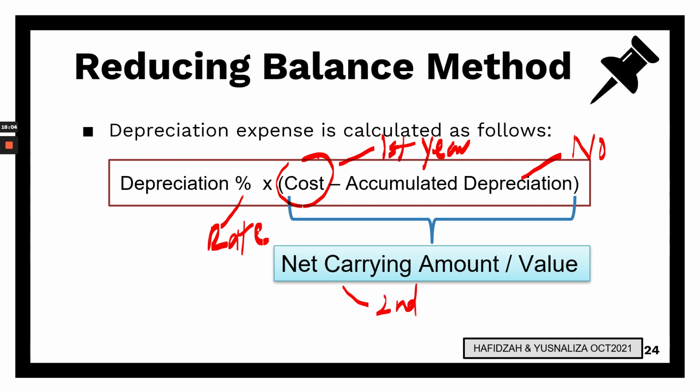Let's say for 10 years, from the second year, third year, until year 10, it would be based on carrying amount. But in the first year, it would be just on cost, with nothing to do with accumulated depreciation for the first year of acquisition.